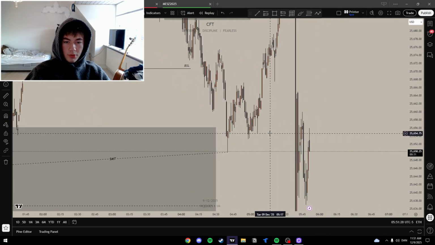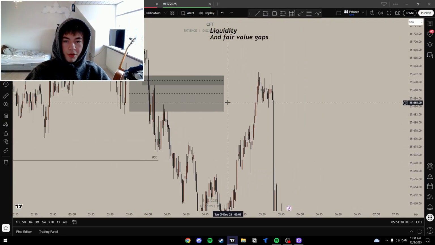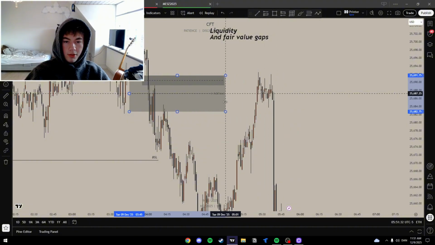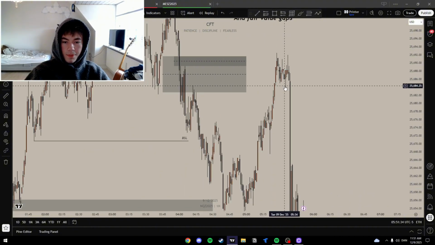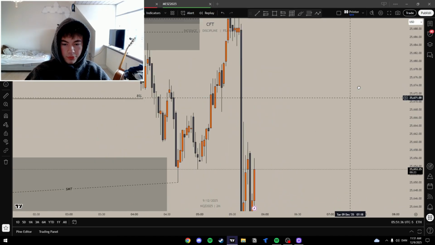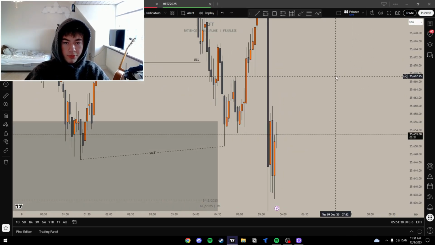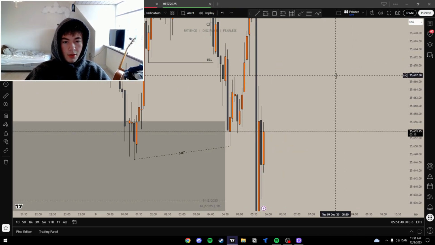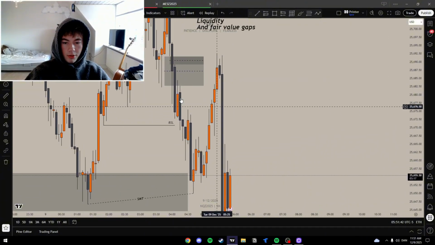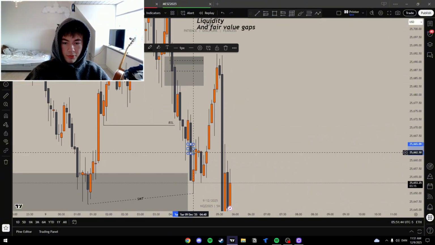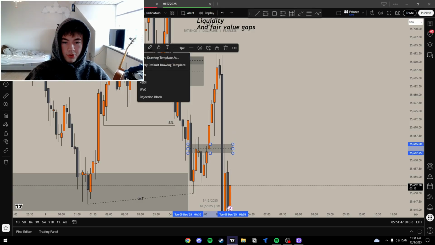So now, when I have my drawn liquidity, which is these unfilled fair value gaps right here, I drop down to the lower time frame to see the highest time frame fair value gap. In this case, we got a 5-minute fair value gap right here that I want to see inverse.